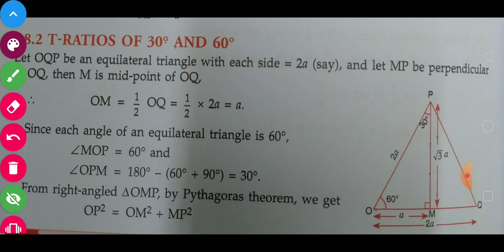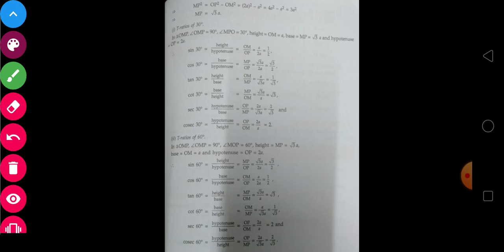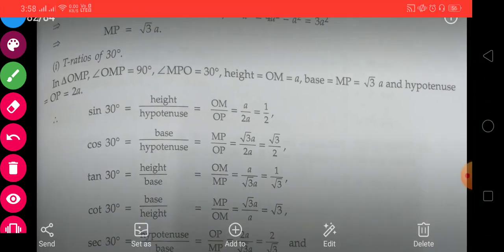Okay, is it clear? So from this equilateral triangle, we have made this triangle OMP, and we found all the sides. This side is a, this is 2a, and this by Pythagoras theorem comes out to be root 3 a, which is done here.